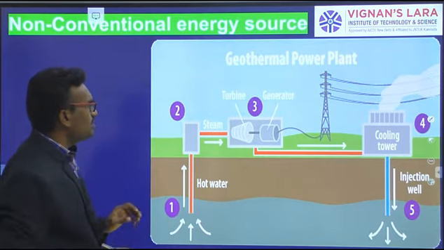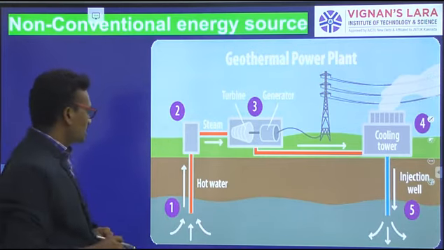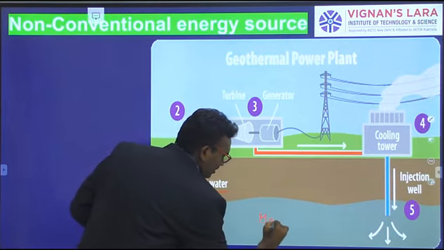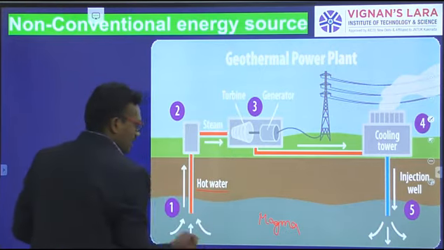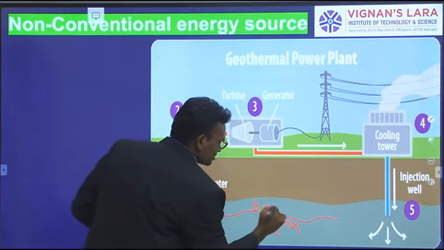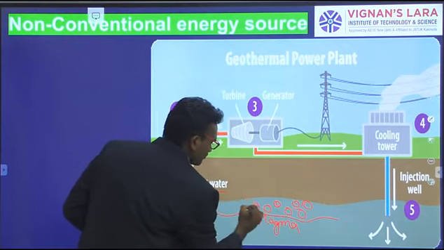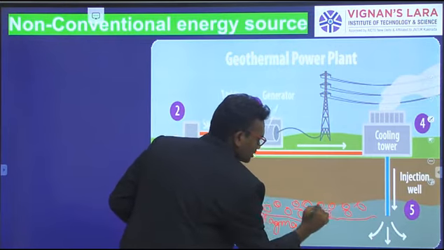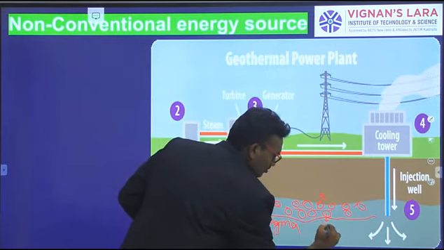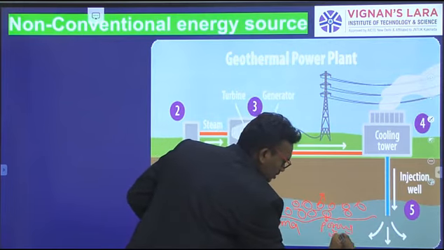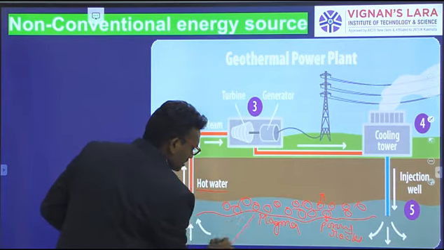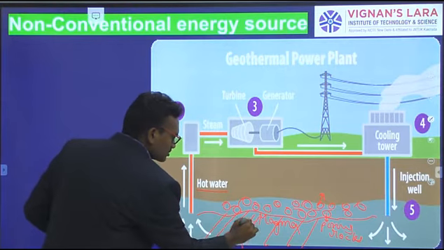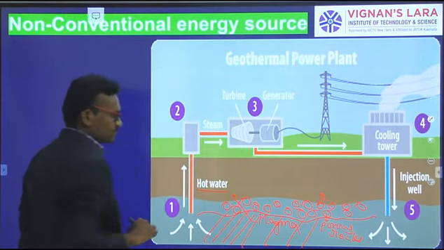For example, this is the geothermal power plant. This is the hot water. This is the magma. And there are also porous rocks. The magma is passed through the porous rocks.